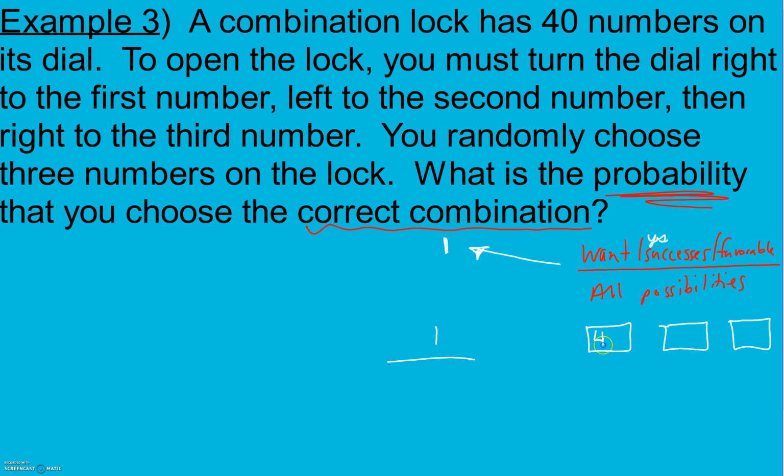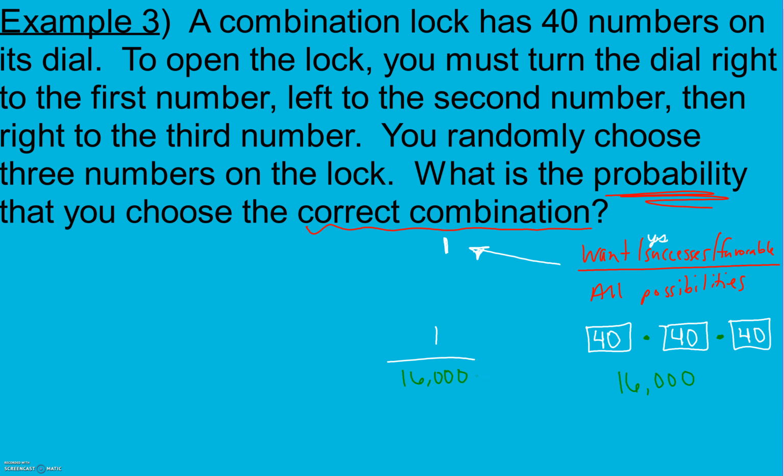So for the first number, there's 40 possibilities. For the second number, there's 40 possibilities. And for the third number, there's again 40 possibilities. So we can use our counting principle, and that tells us we're going to multiply those together. And we'll get 16,000. So the total number of possibilities with a 40 number combination lock is 16,000.